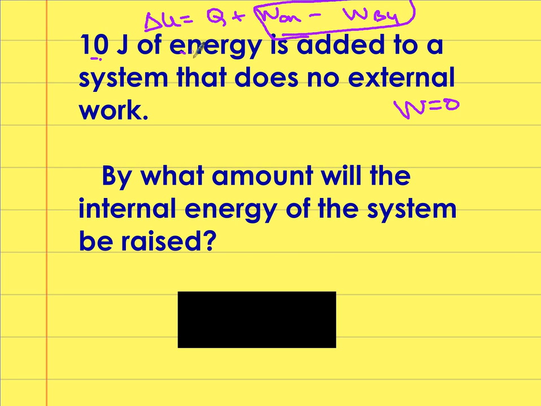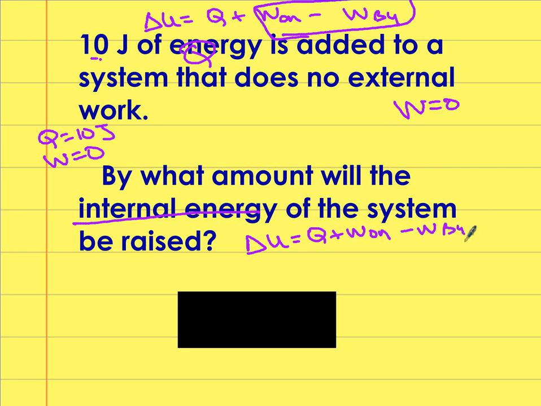All right, this is my heat. So Q is 10 joules. Work is 0, so that whole unit there is 0. By what amount is the internal energy going to be raised? Internal energy is always delta U. So delta U is Q plus the work done on minus the work done by, and that is 0. So it's just 10 joules because that is the heat added.